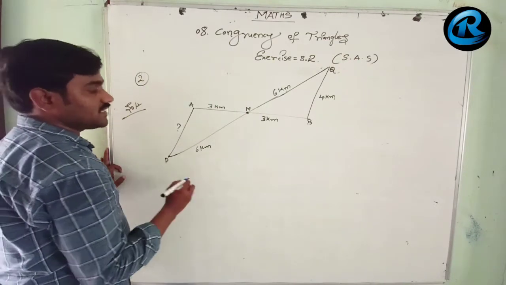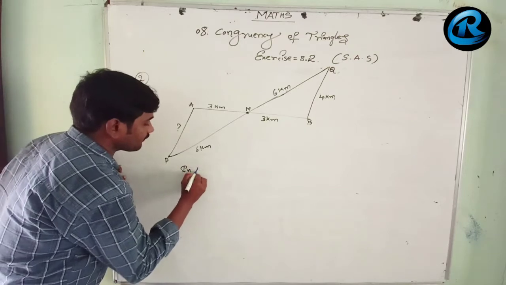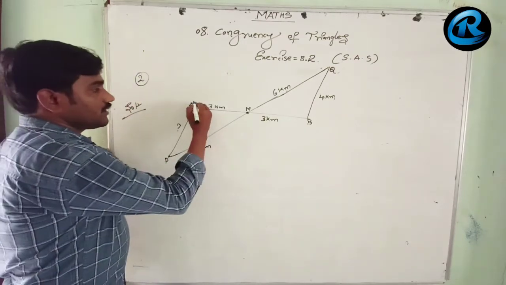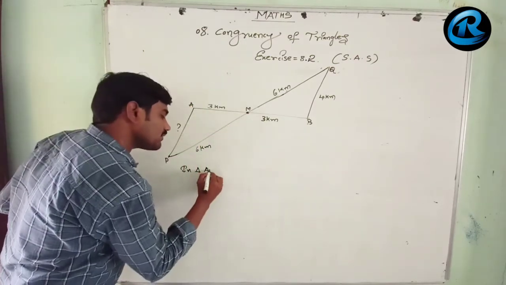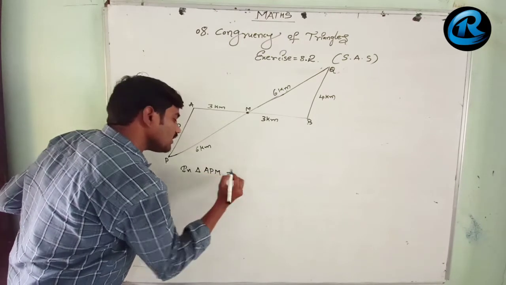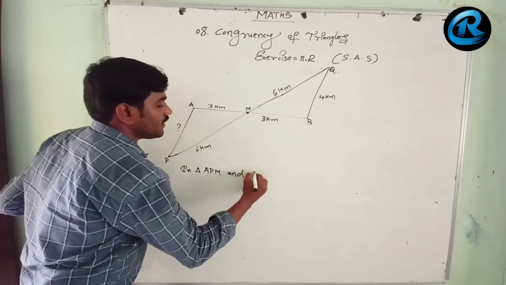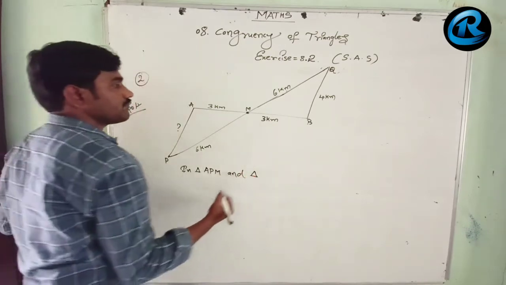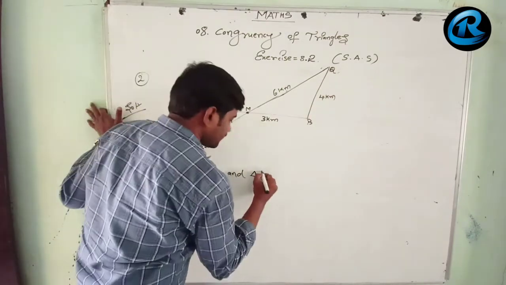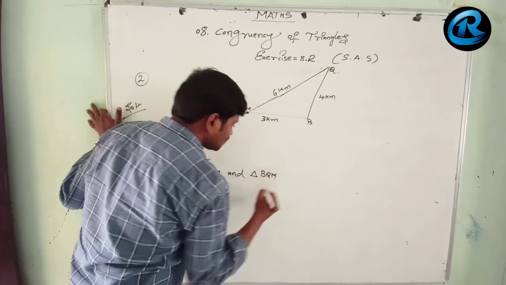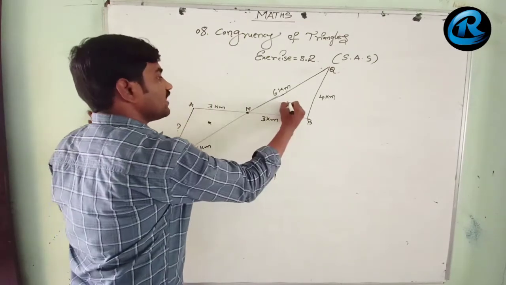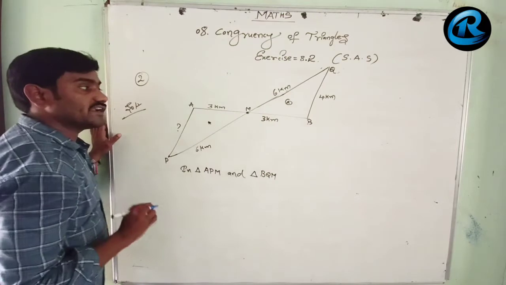Let us take the triangles now. In triangles APM and triangle BQM, these 2 triangles, let us take them and we will prove these 2 triangles are congruent first.